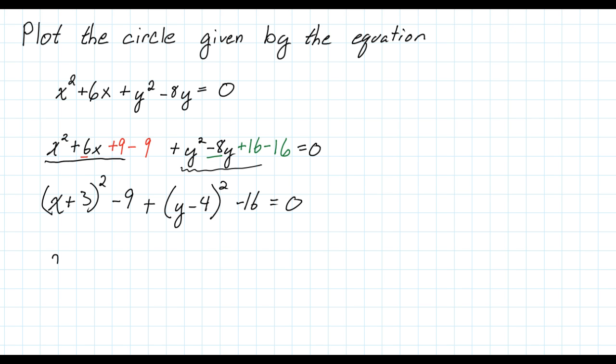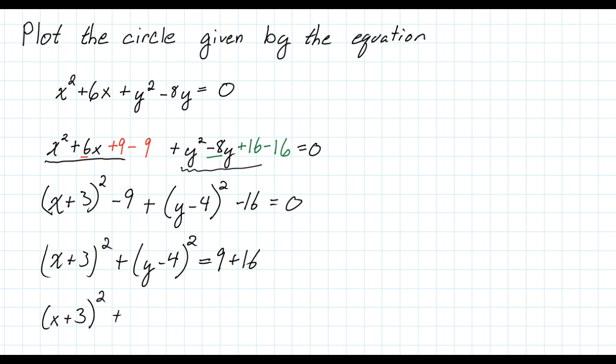And then what I'm left with is x plus 3 squared. I'm going to move the 9 over. And I'm also going to move that 16 over. So I have x plus 3 squared plus y minus 4 squared equals 9 plus 16. And that is x plus 3 squared plus y minus 4 squared equals 25.